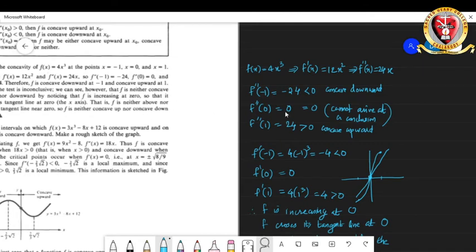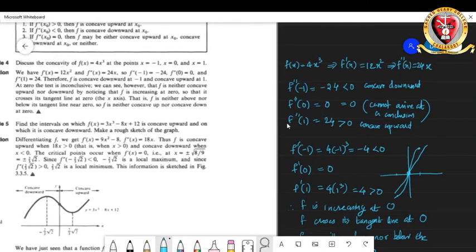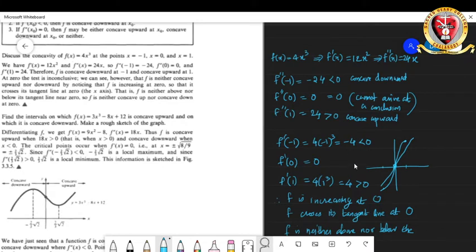There is a slight variation. f of minus 1 is equal to minus 4, f of 0 is equal to 0, f of 1 is equal to 4, which is strictly greater than 0.